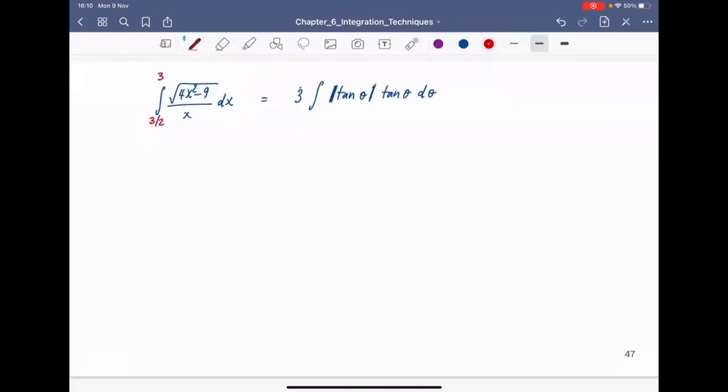So x is in between 3 over 2 and 3. What does it mean? Since x is 3 over 2 sec theta, it's going to be between 3 over 2 and 3, which means your sec theta is going between 1 and 2.